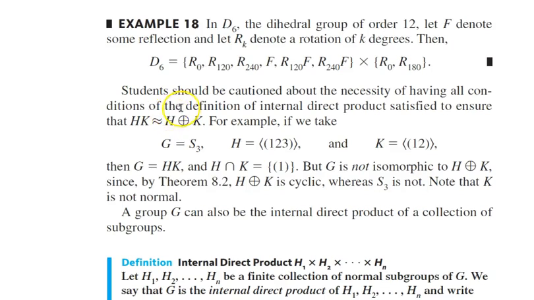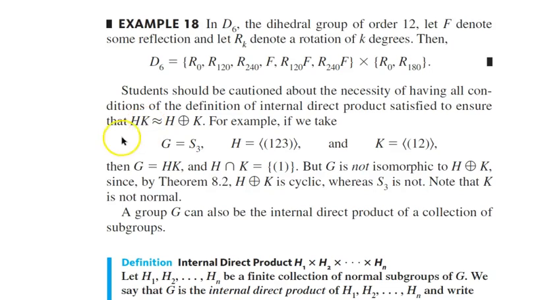Students should be cautioned about the necessity of having all conditions of the definition of internal direct product satisfied to ensure that HK, the set of all products of this kind, is isomorphic to this external direct product.